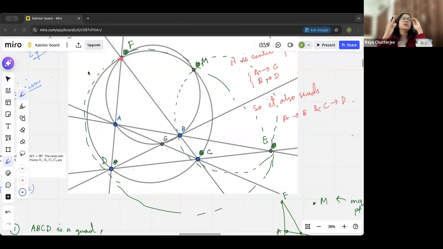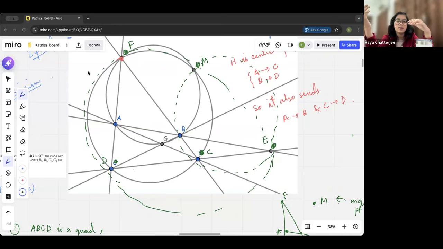The way to think about this is you take two segments, you take their intersection, let's say AB and CD, you take their intersection to be P, and then you take the intersection of circles PAC and PBD, and the second intersection of those circles is going to be the center of spiral similarity, which is going to send AB to CD.